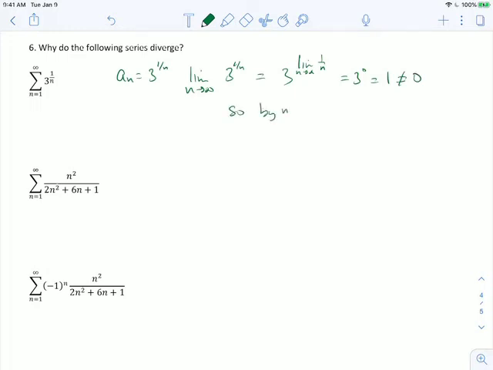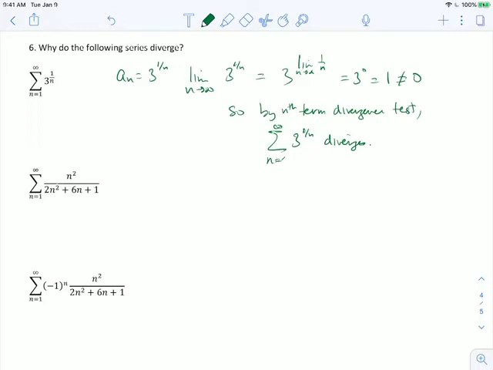So by the nth term divergence test, this series, 3 to the 1 over n, diverges.